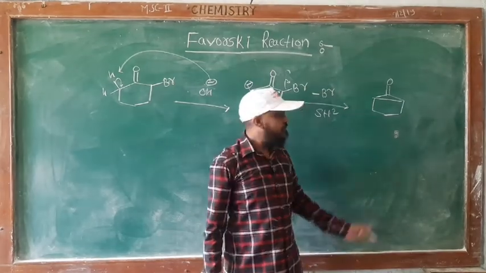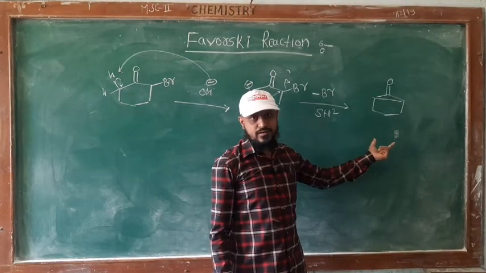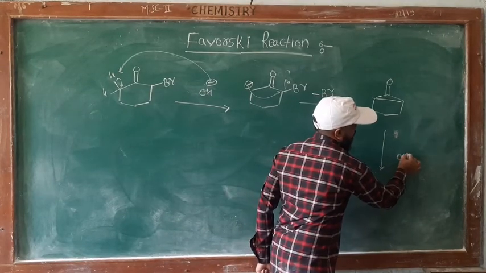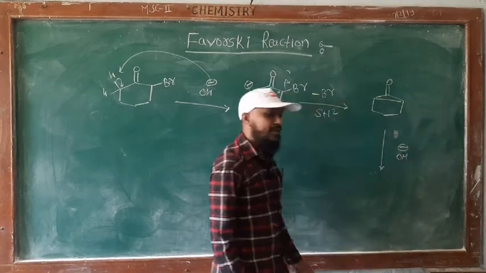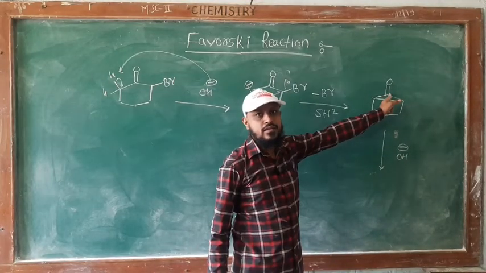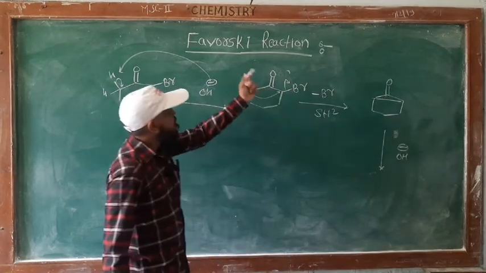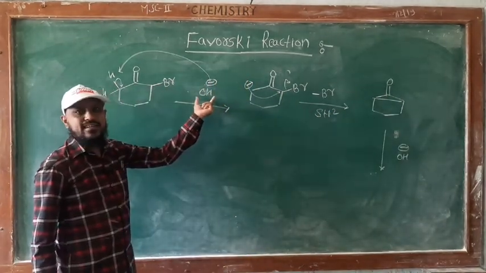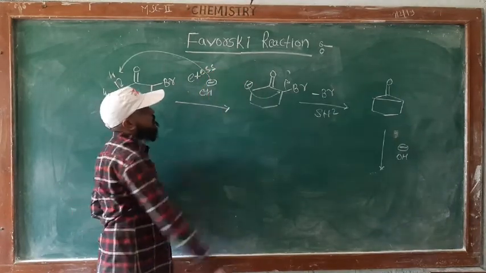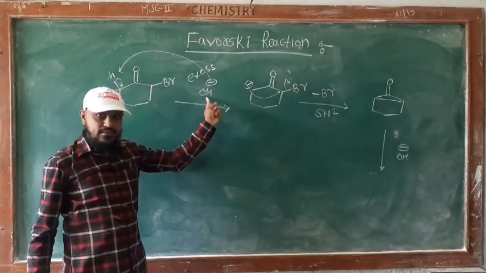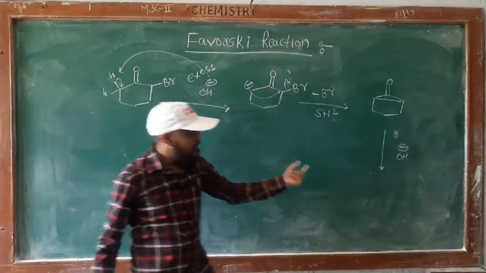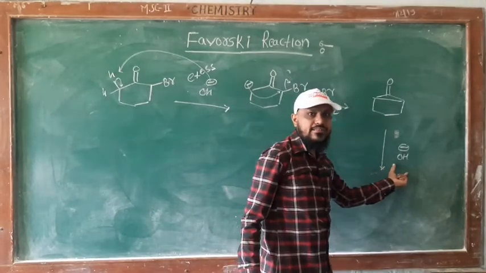After the formation of this cyclopropanone intermediate, further OH negative attacks the electrophilic carbon atom of the carbonyl compound. In the Favorskii reaction the base is generally used in excess. Firstly this hydroxyl ion acts as a base, and here this hydroxyl ion acts as a nucleophile.